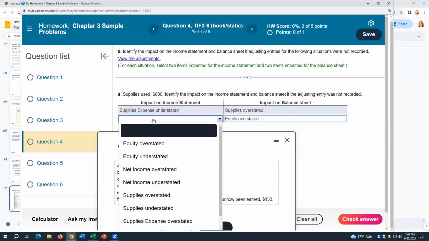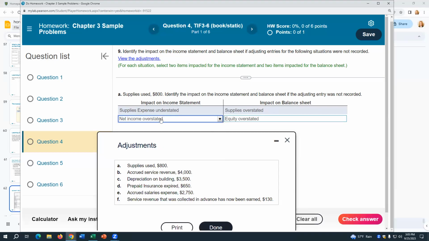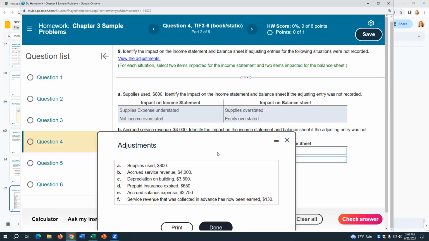And over here on this side, if we don't record the expense, how does that affect our net income? That's overstated. Yeah, also overstated. So the net income being overstated is why our equity would also be overstated. There we go. All right.